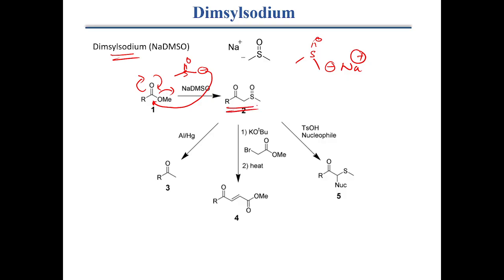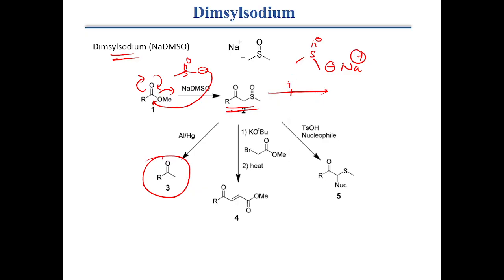This will give this one. Now if we treat with aluminium amalgam, what happens in these cases? We will get this acetonitrile.